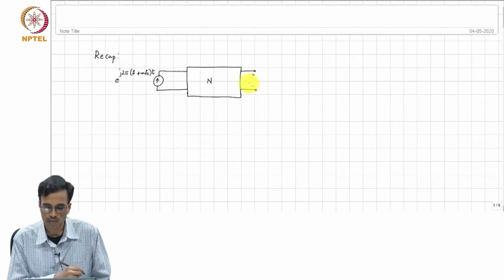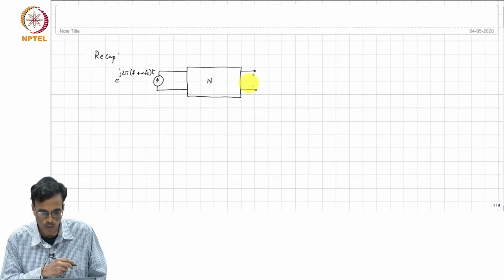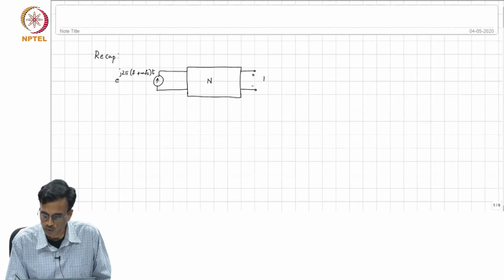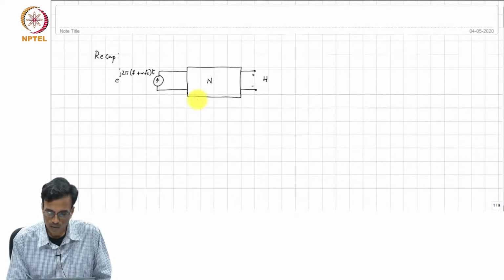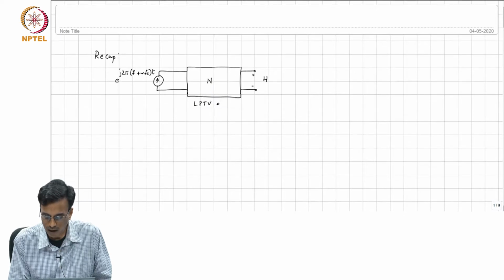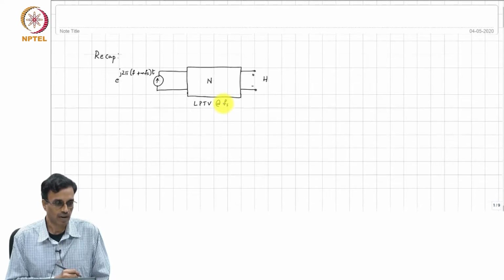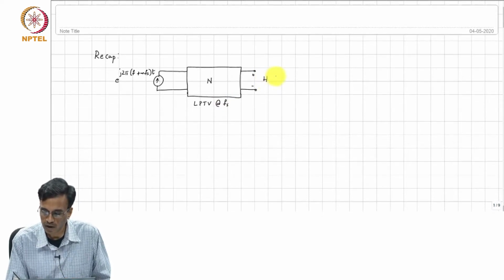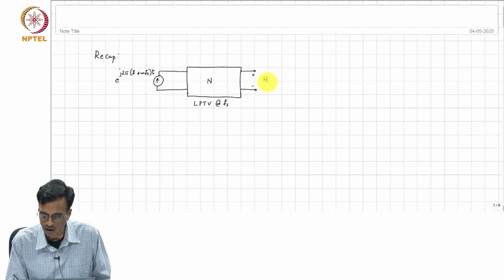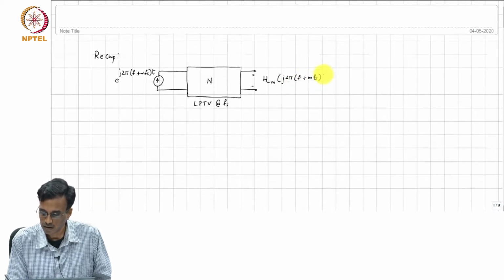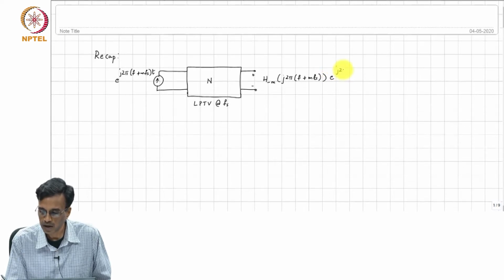The same thing can be extended to other kinds of inputs and outputs, and one form of the frequency reversal theorem is shown here. If you take a network N which is LPTV at Fs and you excite it with e to the j 2 pi (f plus m Fs) times t, the output at a frequency f will be h minus m of j 2 pi times (f plus m Fs) times e to the j 2 pi f t plus other terms.